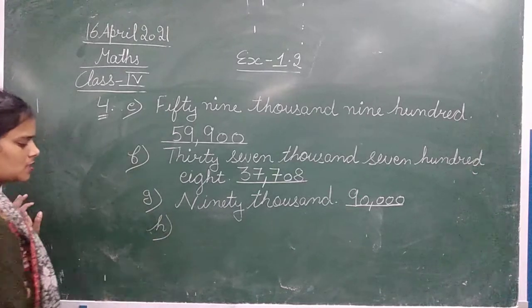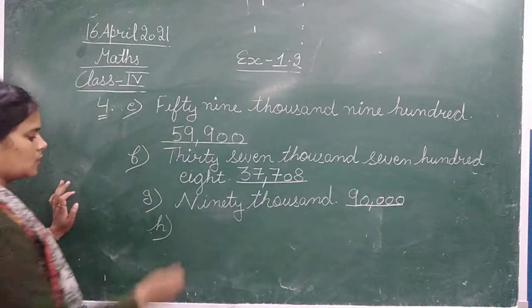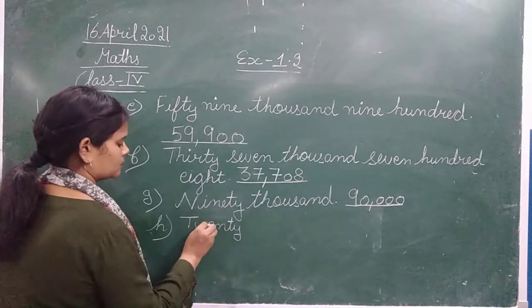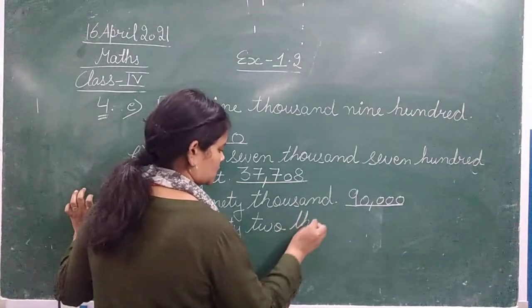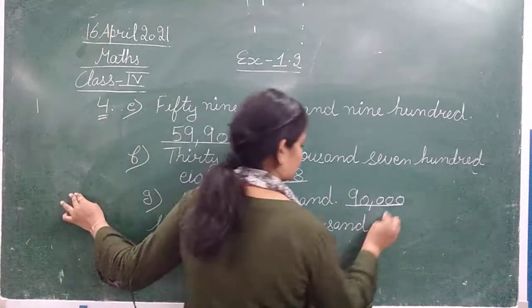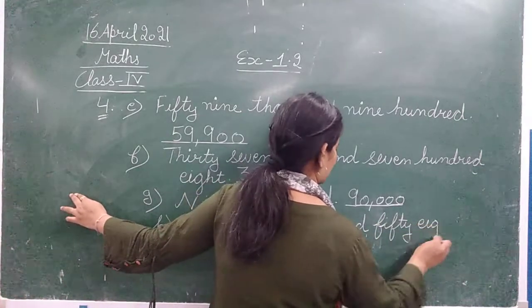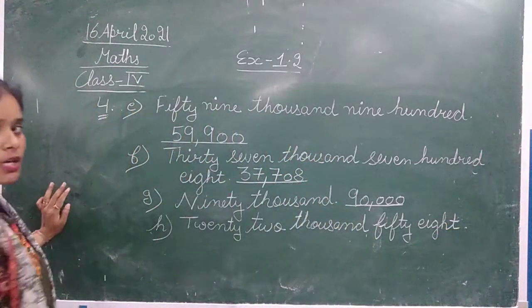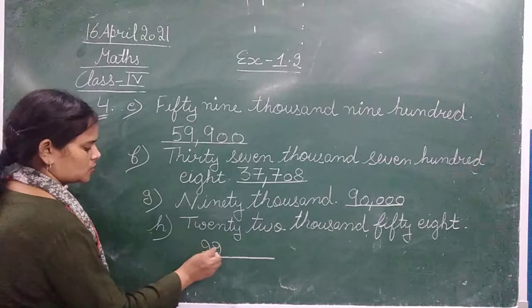Moving to the last part of this. That is 22,058. 22,000.